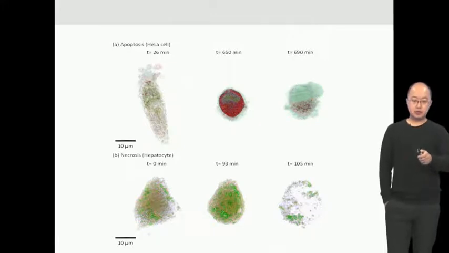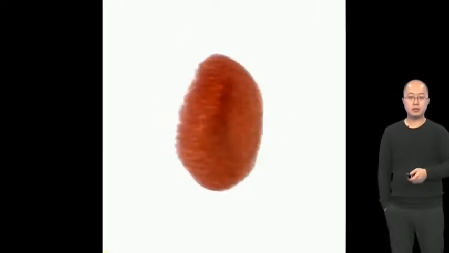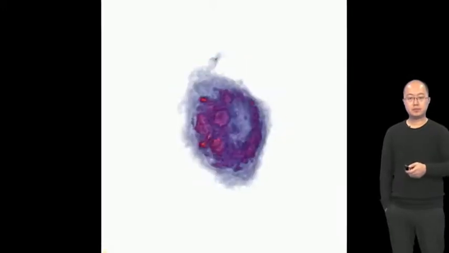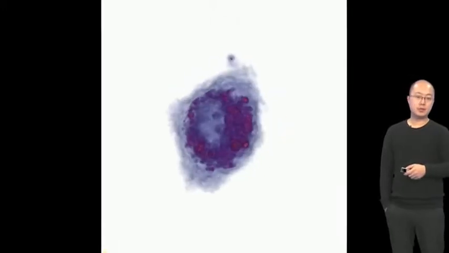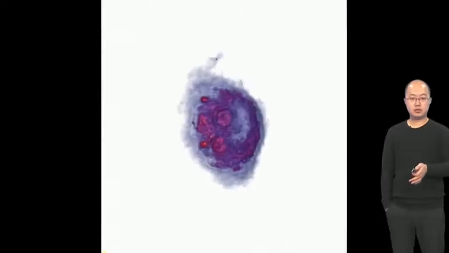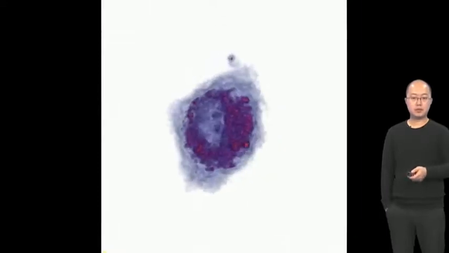So, I would like to present some representative data, the samples that we have obtained using the setup. So this is a red blood cell, and you can nicely see the donut shape. And this is a macrophage, one of the types of white blood cell, and you can see the subcellular structures as well as the membrane of the cell.